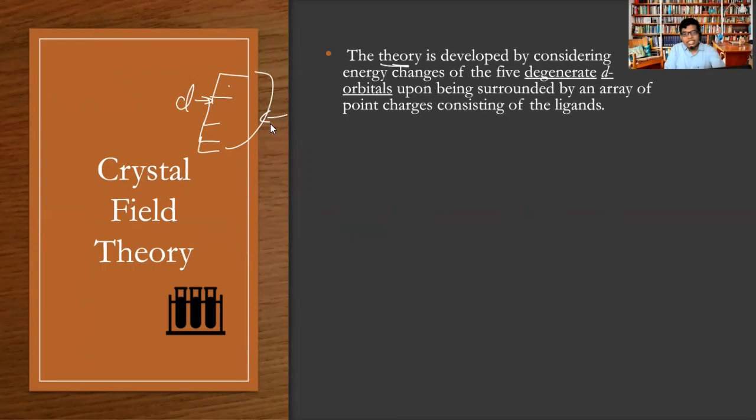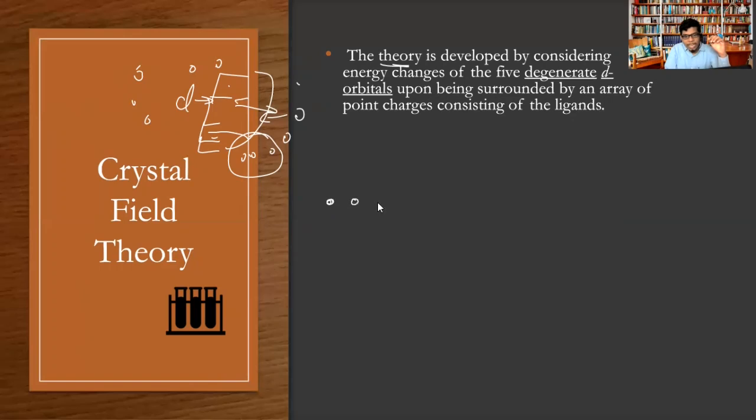When the ligands and the transition metals interact, the electrons of the ligands surround the d orbitals, due to which sometimes these electrons might be close to some d orbitals and farther from some d orbitals. You can see the distance.